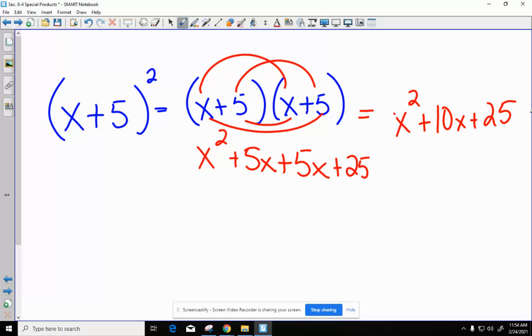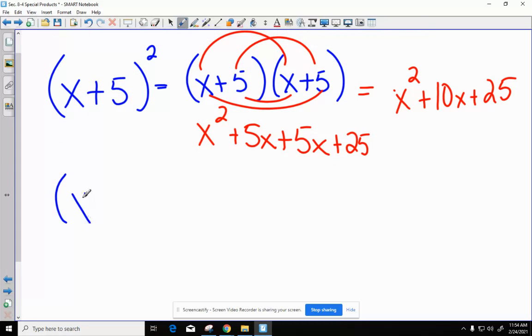All right. What if it looked like this? What's your answer to that? The hope is that when you recognize one of the three scenarios we're going to talk about today, you don't have to FOIL at all.